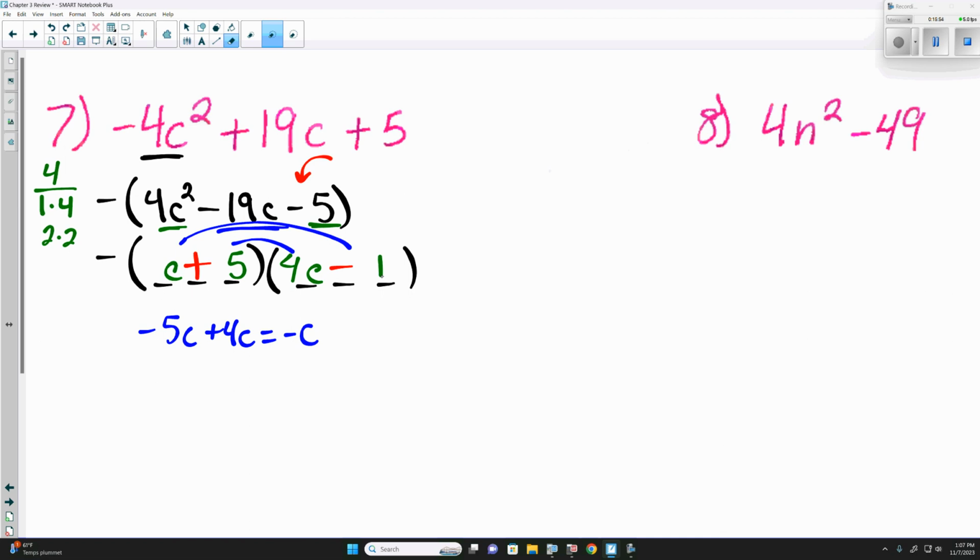Let's check this again. C times negative 1 is negative c. 5 times 4c is plus 20c, giving us 19c. Is that what we wanted? We're close, aren't we? Yes. Because if we get the correct number but wrong sign, change the signs.